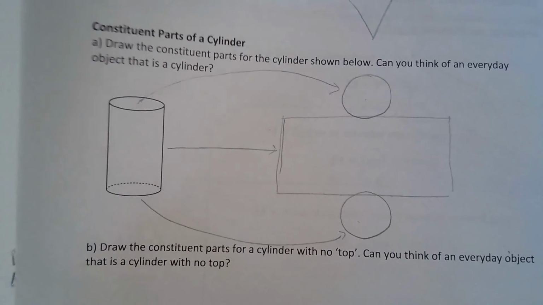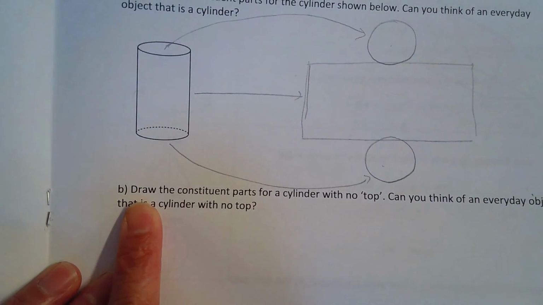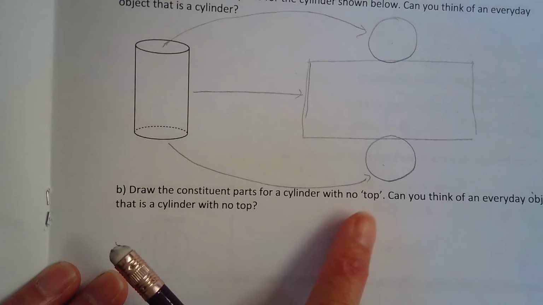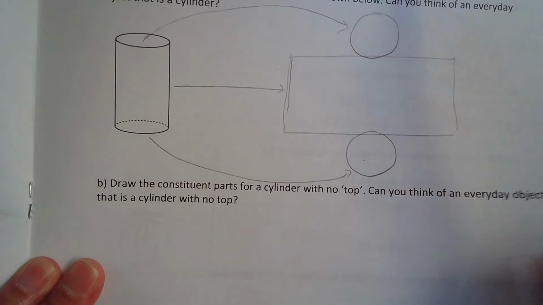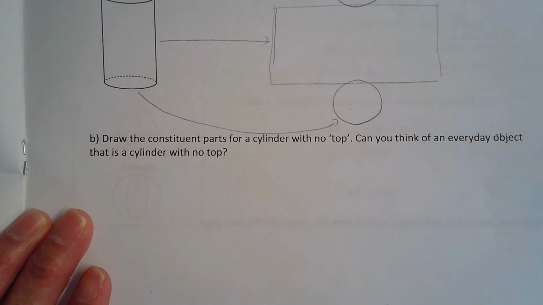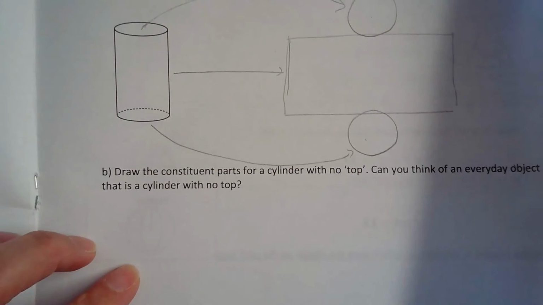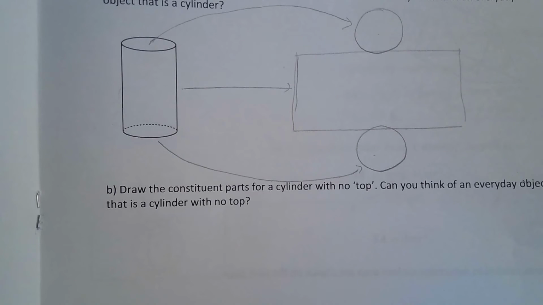Now, what about this part here? Draw the constituent parts of a cylinder with no top. So how can we draw an object? Can you think of an object that's a cylinder that doesn't have the circular top? Whoa, I forgot that this has water in it. If I take this, well, this is a cylinder, right? For sure a cylinder.